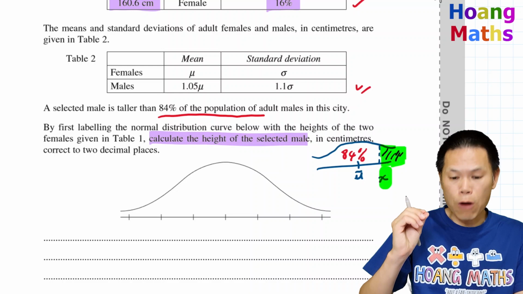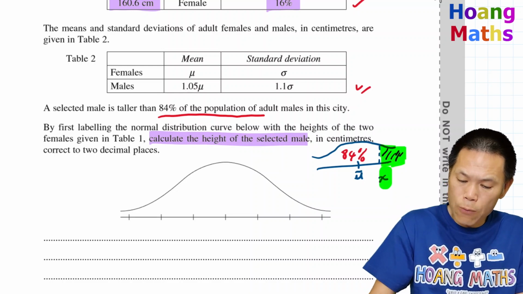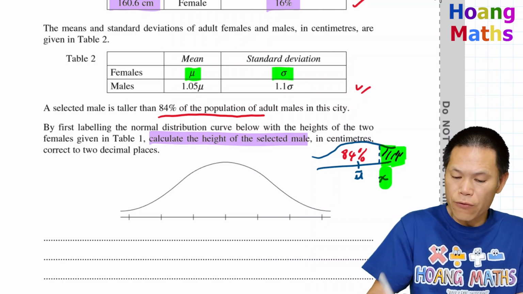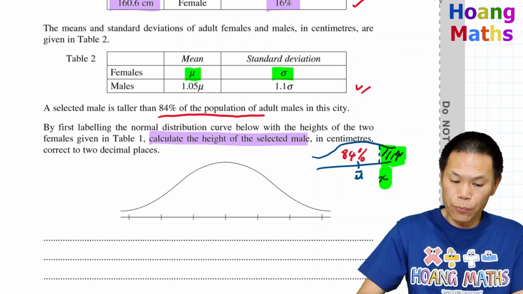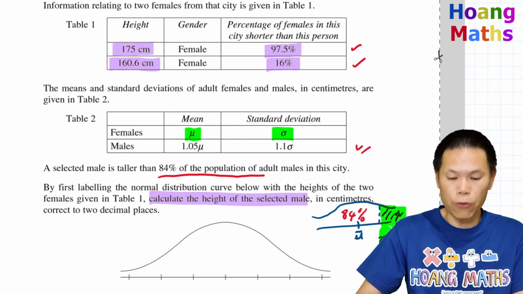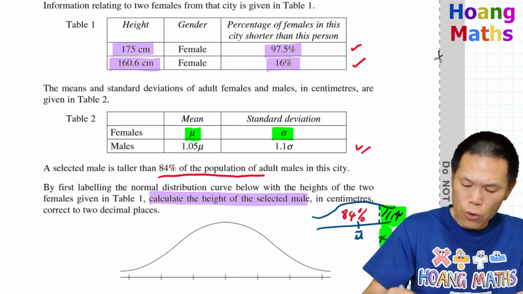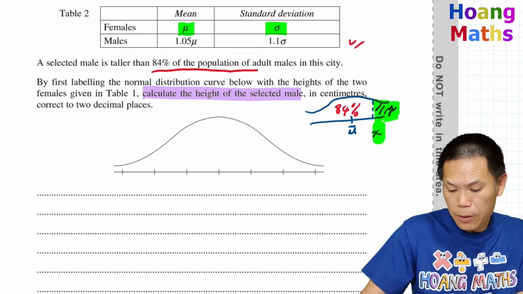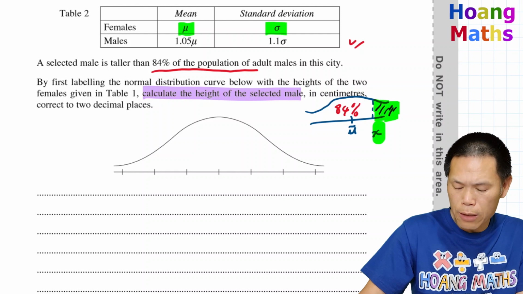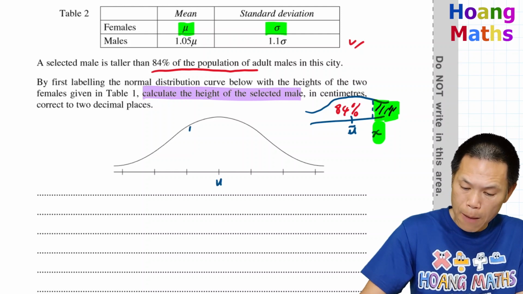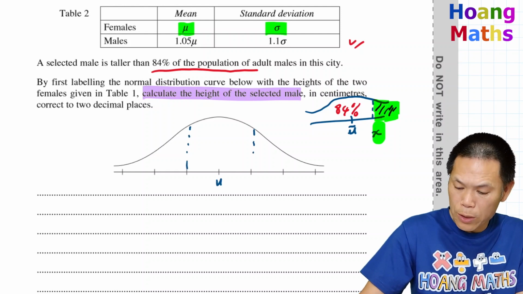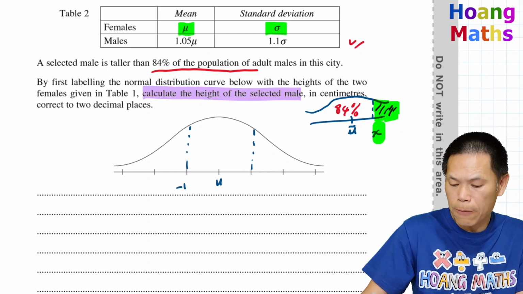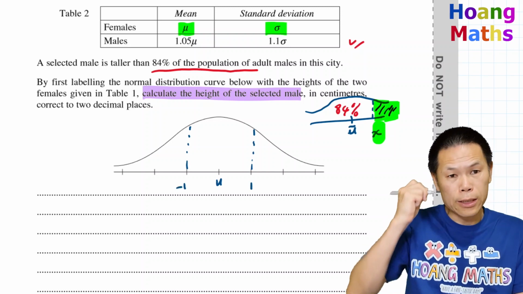So to work this out, first of all, we need to work out the mean and the standard deviation for females from table 1. So if you think about it, for females, the mean is right in the middle, of course, and above the mean and below the mean, which is one standard deviation, -1 and 1, is 68%.